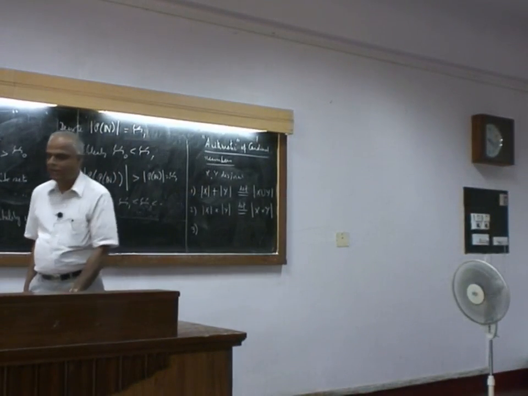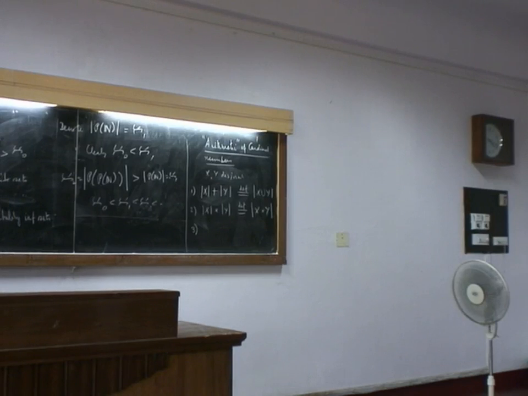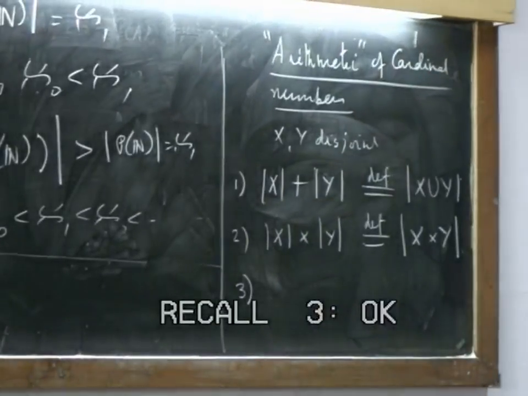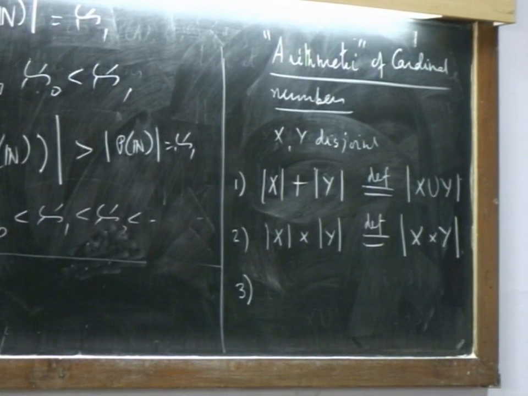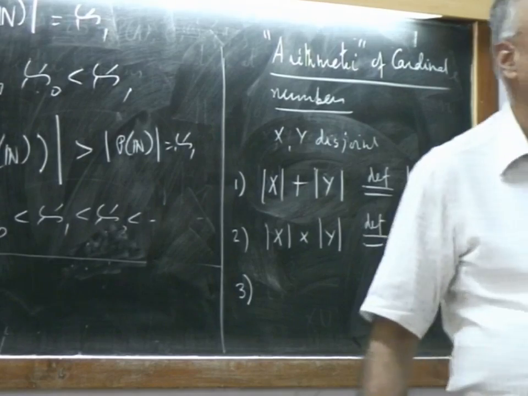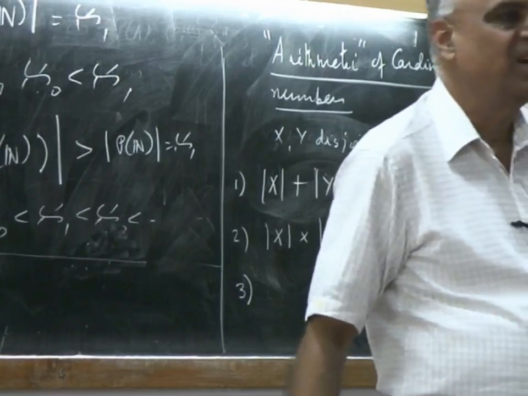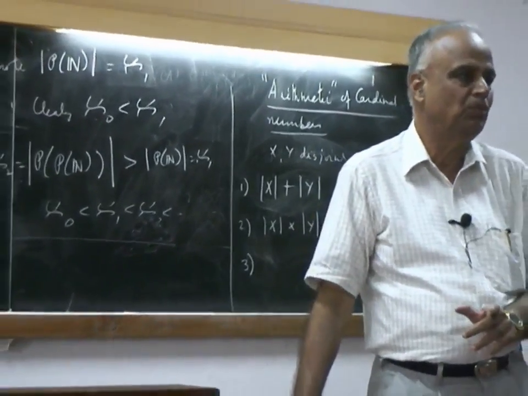Now I'll just give you one more thing. How do I define 2 to the power of 3? See, 2 to the power of 3, I know it's 8. How do I now bring it to this level? I can't say it is 2 into 2 into 2.